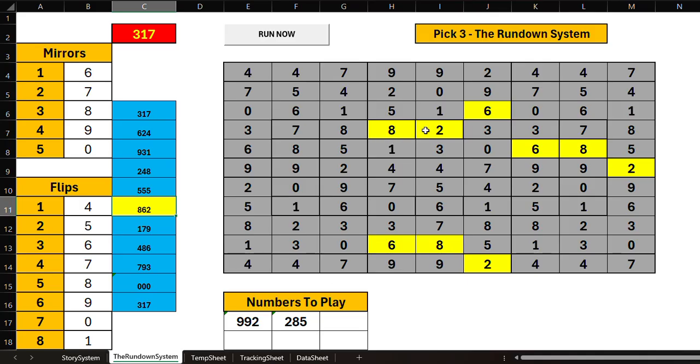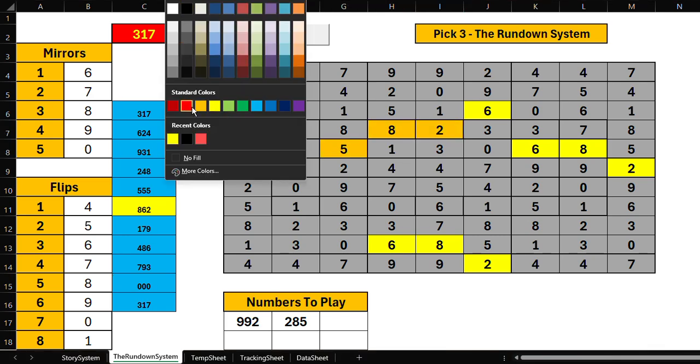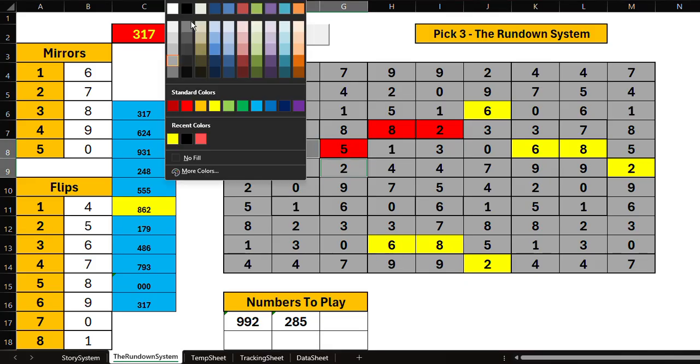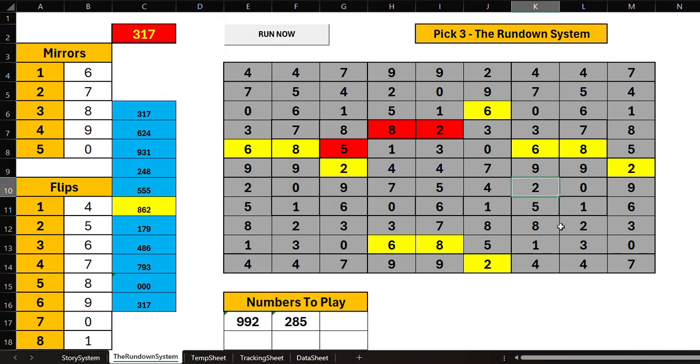So the 285 is right here already. 852 off of the 286. So this is the number that came up as the main number to win. 285, and it goes back over here as the 862.